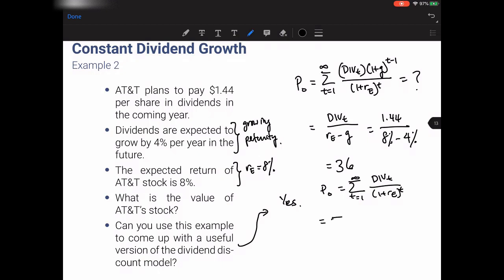So that's an infinite sum, and we're going to write div 1 times 1 plus g to the t minus 1, over 1 plus RE to the t. And just a simple substitution of div t for div 1 times 1 plus g to the t minus 1, we already arrive at a growing perpetuity formula.